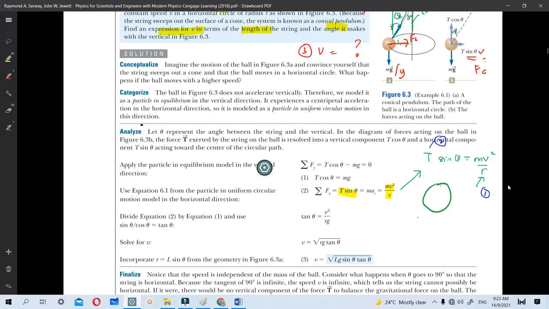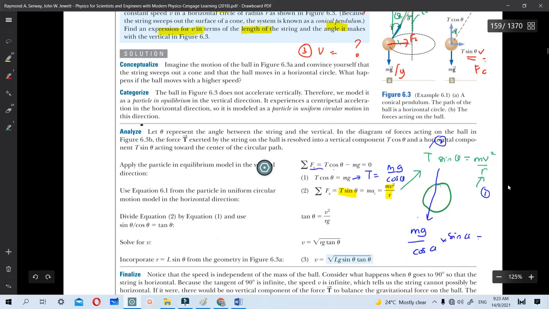Look at the y component. In the y component, what we are going to do is isolate T, arriving at mg over cos theta. So this is to be substituted here. From your substitution, it turns out that mg over cos theta times sin theta is equivalent to mv squared over r.